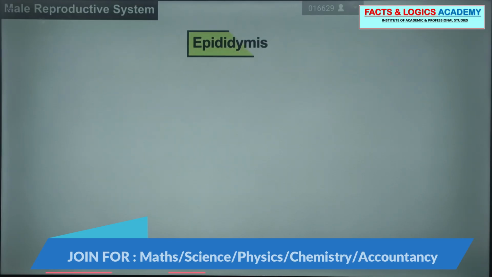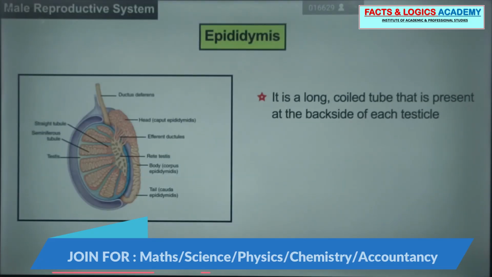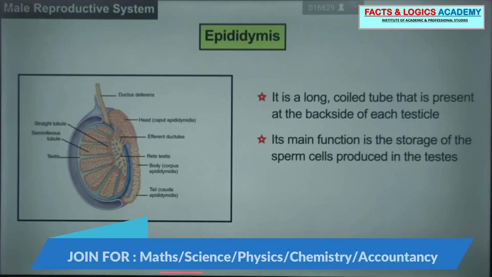Firstly, we have the epididymis. It is a long coiled tube that is present at the back side of each testicle. Its main function is the storage of the sperm cells that are produced in the testes. It also helps in the maturation of the sperm, since the sperm that emerge from the testes are immature and incapable of fertilization.